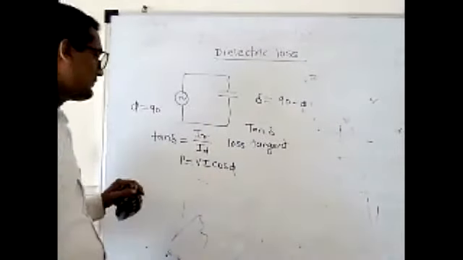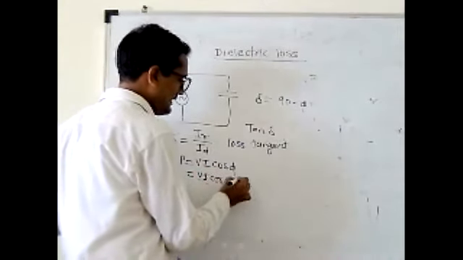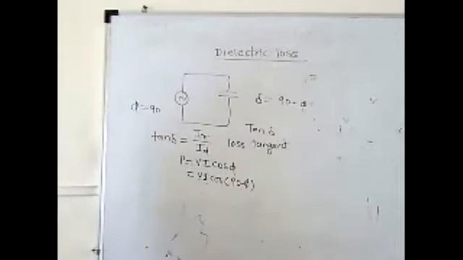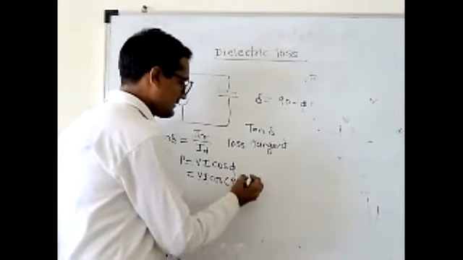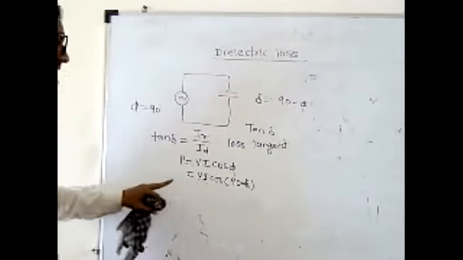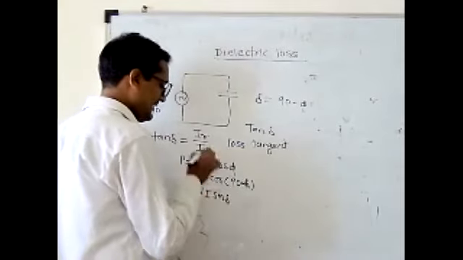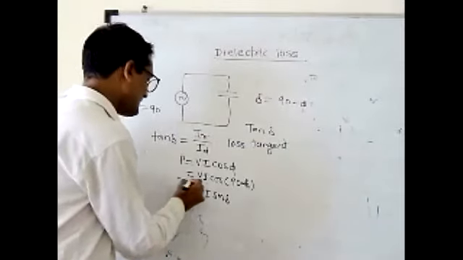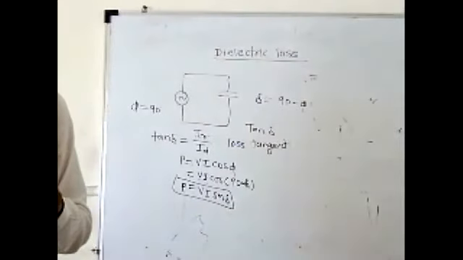Then the value of phi is V into I into cos of 90 minus delta, and we know that cos of 90 minus delta is nothing but sine delta. This is our equation of P. Then P equals V into I into sine delta.